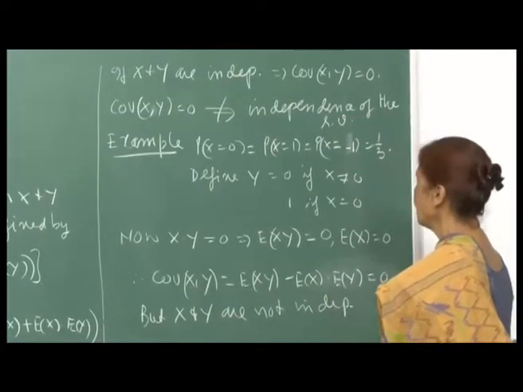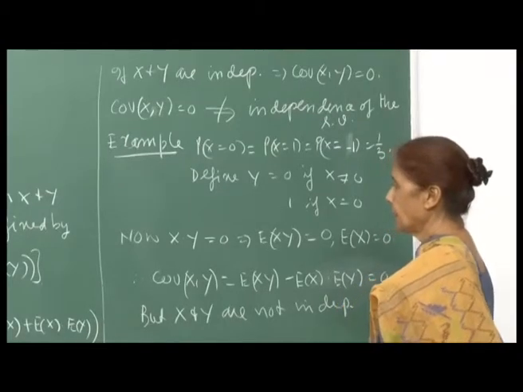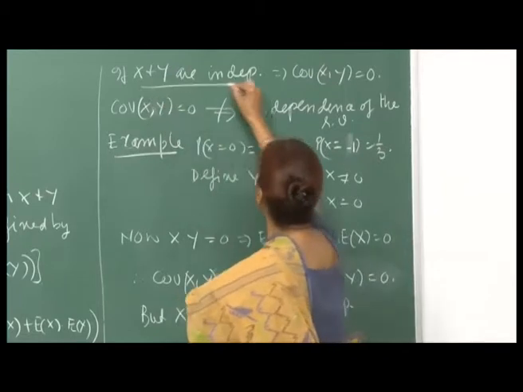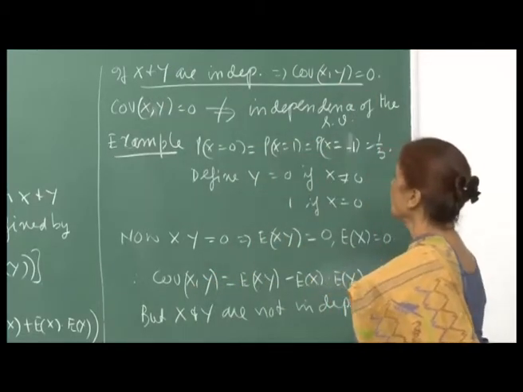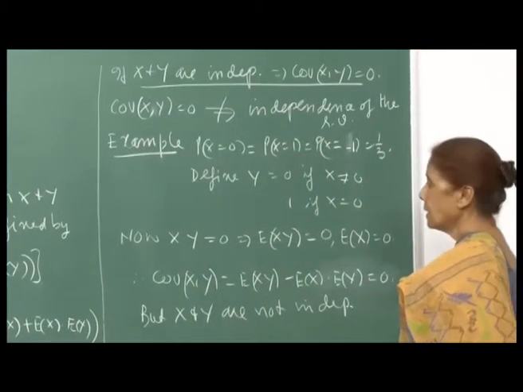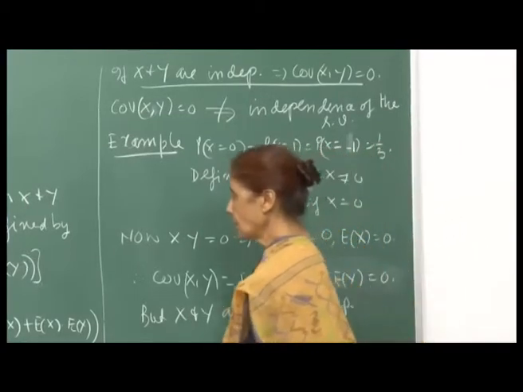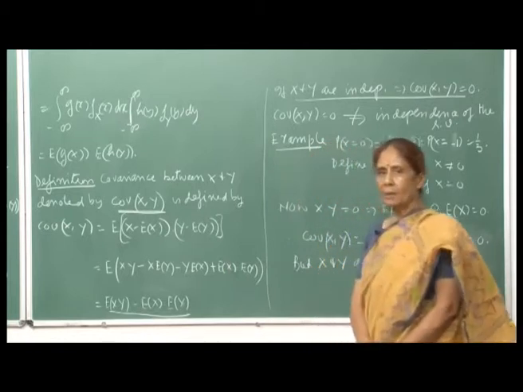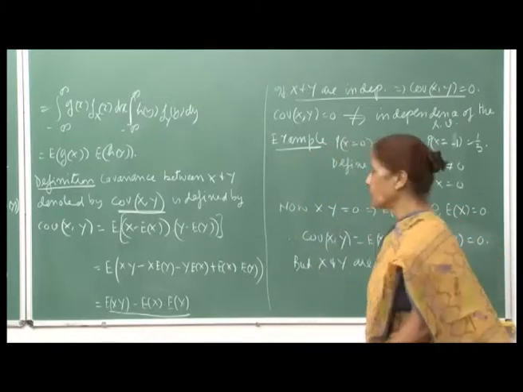Very simply, the converse of this result is not true. Independence will always imply that the covariance is 0, but if the covariance is 0, it need not imply that the variables are independent.